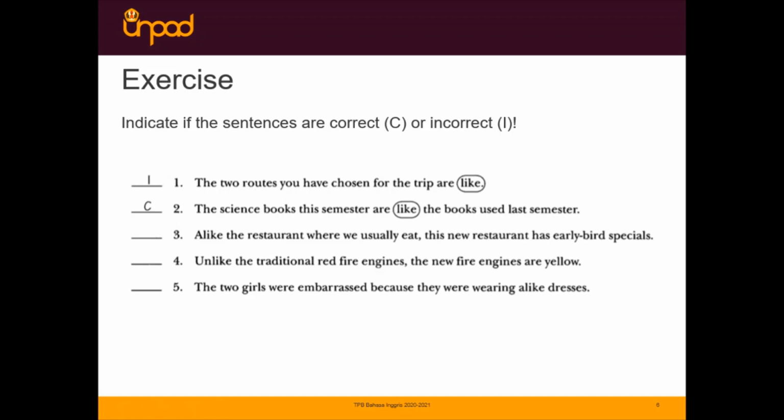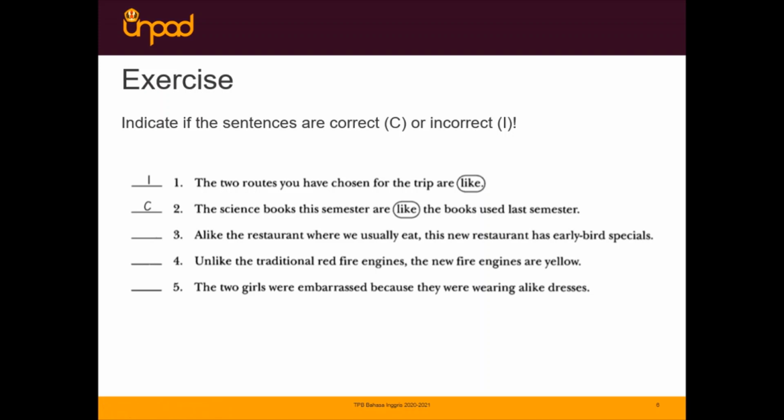If we look back at the table in the previous slide, we can see that the word like as an adjective is used before a noun. In this sentence, we can see that there's no noun following the word like or the adjective like.